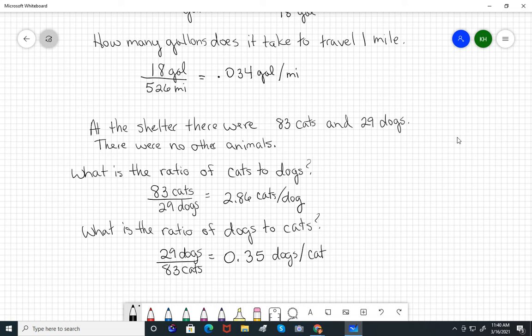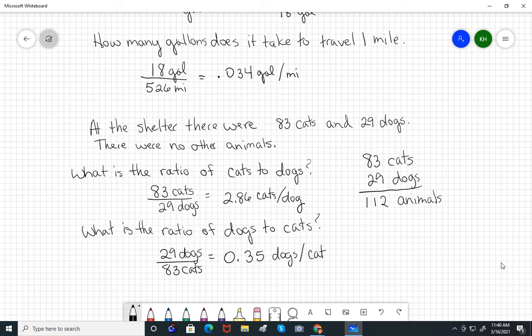Now, we can actually solve some other questions if we take into account that we have 83 cats, 29 dogs, for a total of 112 animals.